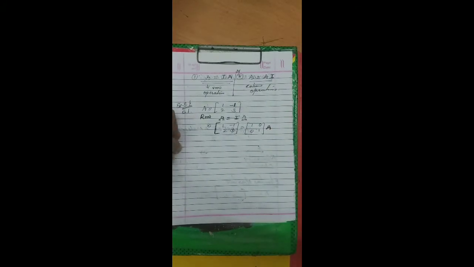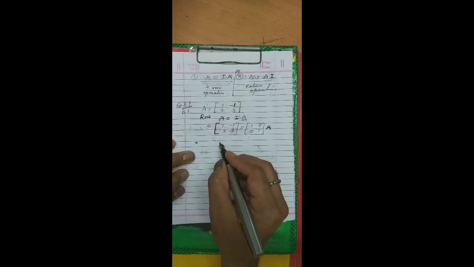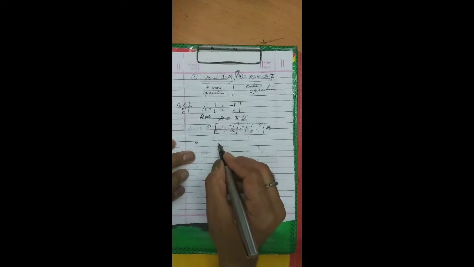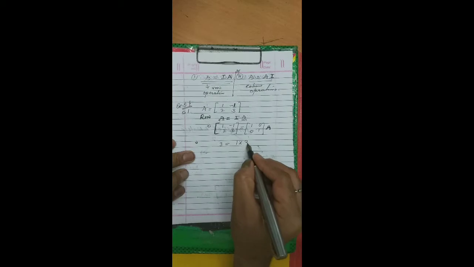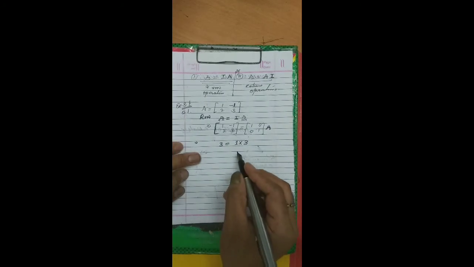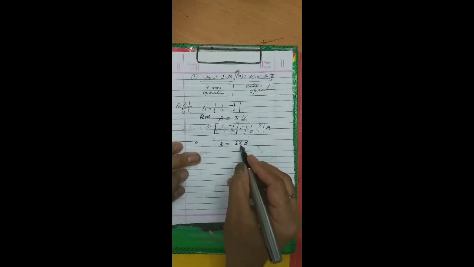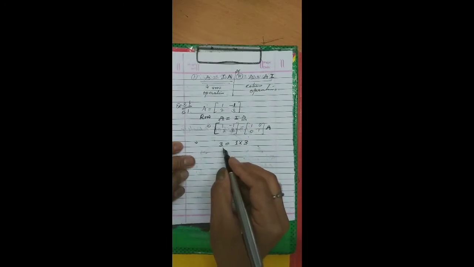Now, what is actually A inverse? In general mathematics, algebra, try to understand: suppose 3 is equal to 1 into 3, and we divide both sides by 3.